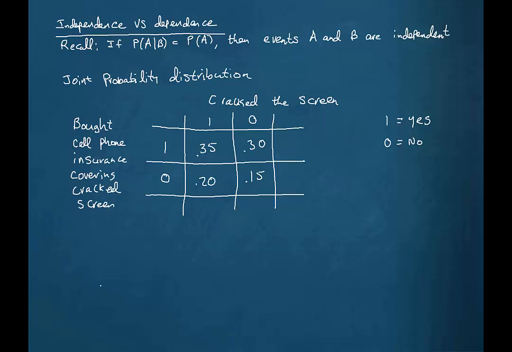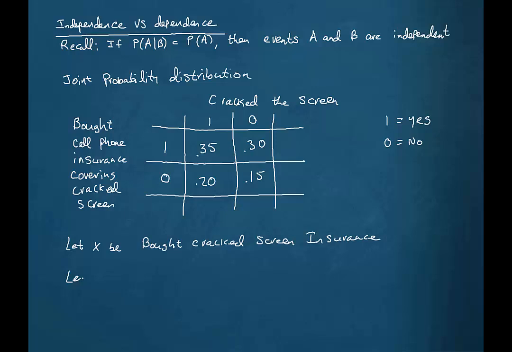Now let's do this. Let's break out the two random variables here. Let's let X be bought cell phone insurance, or at least bought cracked screen insurance. And again, that random variable can take on the two values 1 and 0, where 1 indicates yes they did and 0 indicates no they didn't.